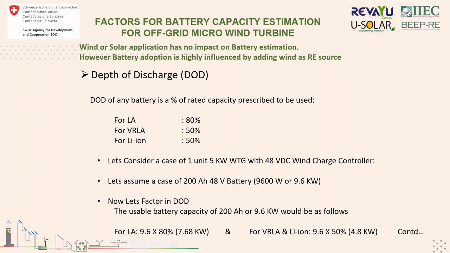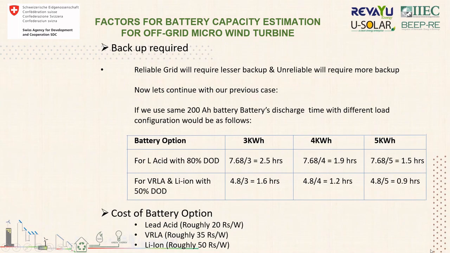So with lithium ion and VRLA, that's why it is said that if you want to feed a 3 kilowatt load, then make sure that when you choose a battery, you at least choose the equivalent of 6 kilowatt. Okay. Almost double.